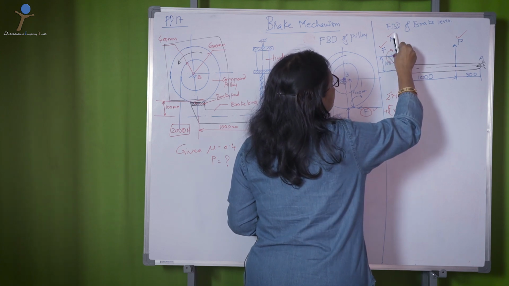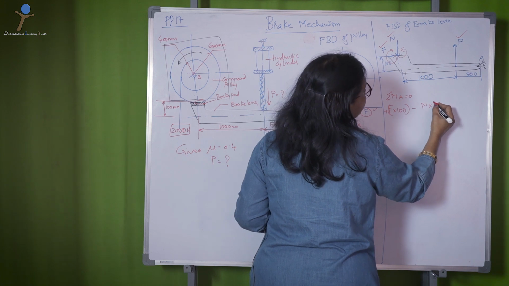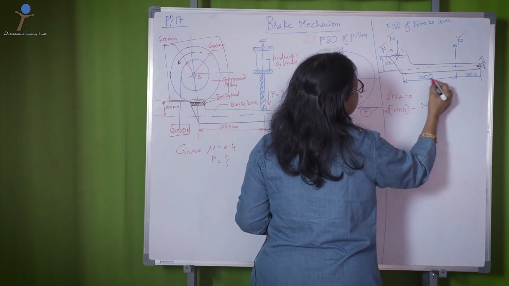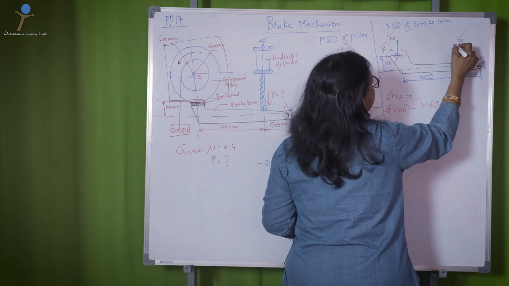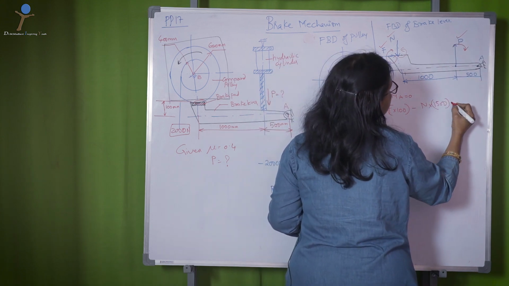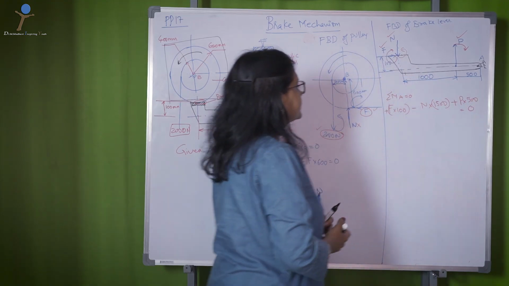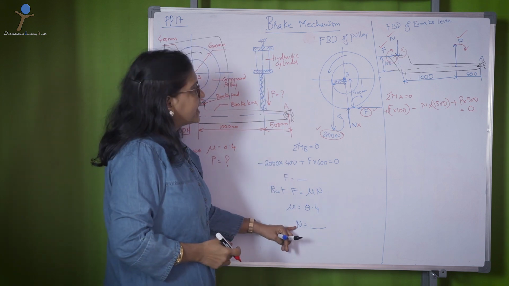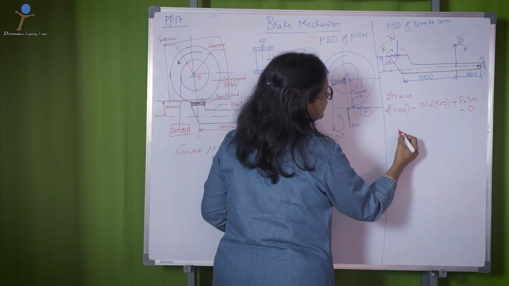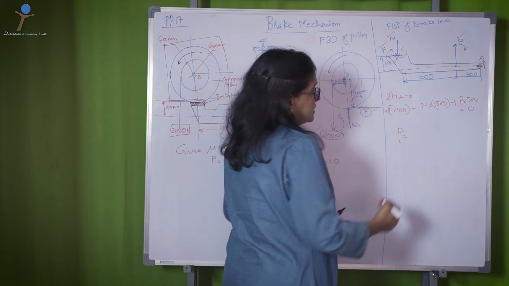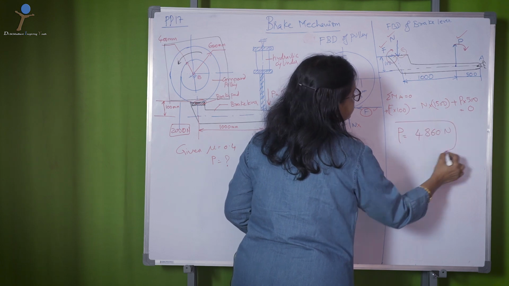N about A in this direction, that is minus N into 600, 100 plus 500. Then P in this direction, that is plus P into 500 equal to 0. Now, since you get the values of N and F from before, substitute those values here and get the value of P. Here P is around 4860 newtons.